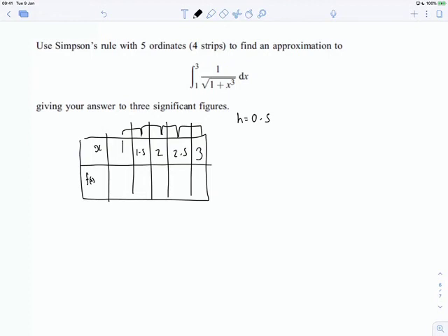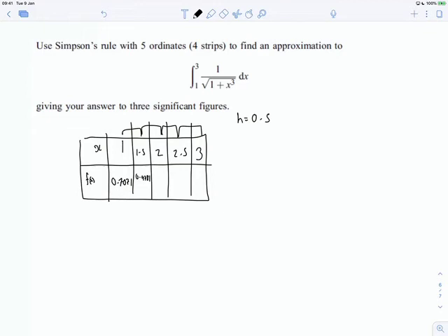That is root 2 over 2, as a decimal, I will take that as 0.7071. When I replace x with 1.5, that becomes 0.4781.